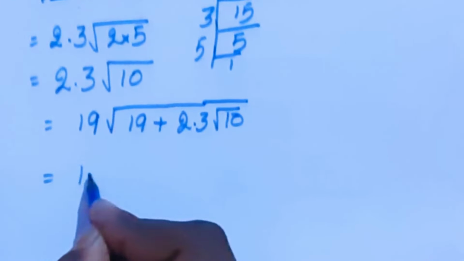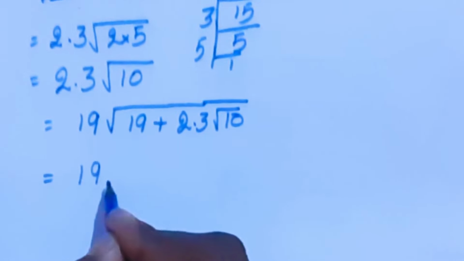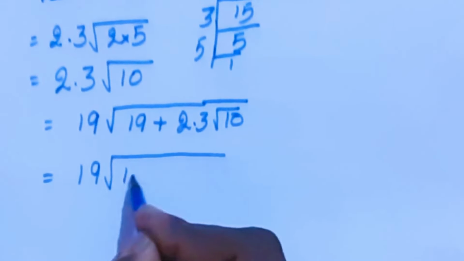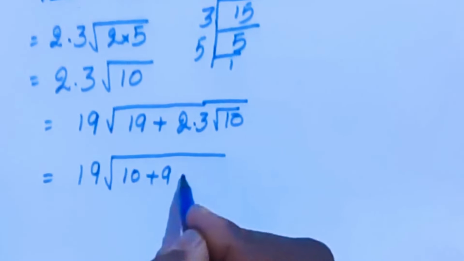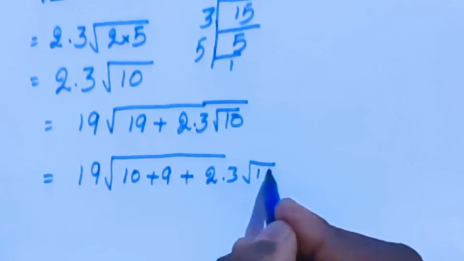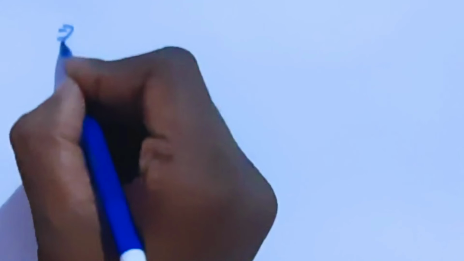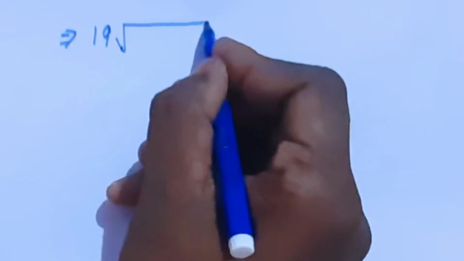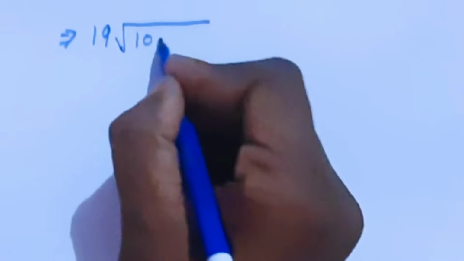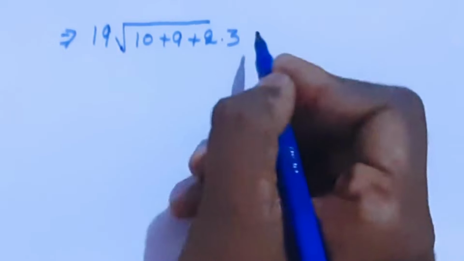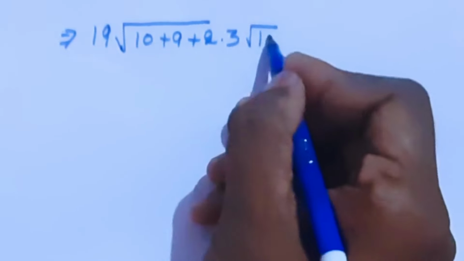Now 19 square root of 10 plus 9 plus 2 times 3 square root of 10.